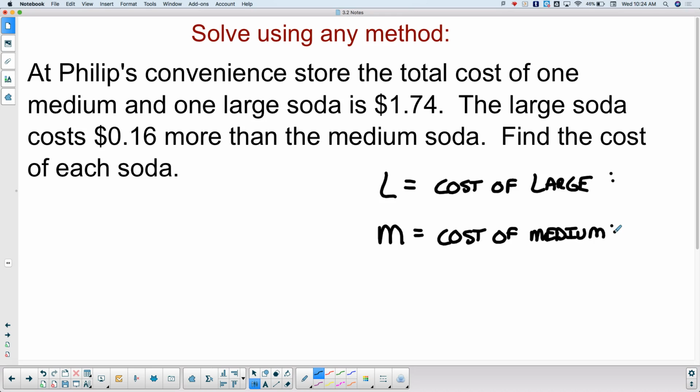Okay? So, first equation, what is it? M plus L equals $1.74. M plus L equals $1.74. Second equation.